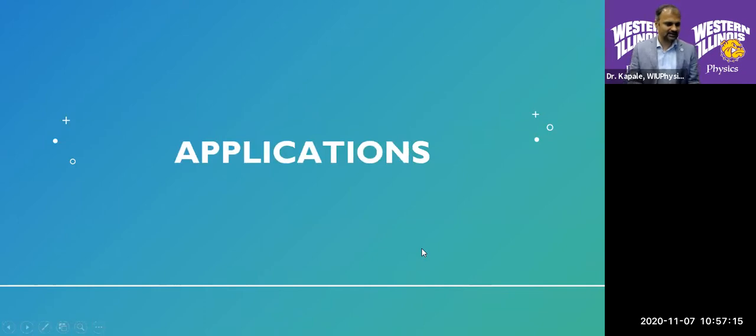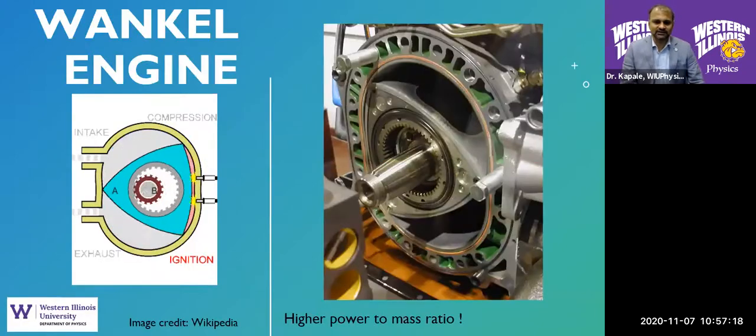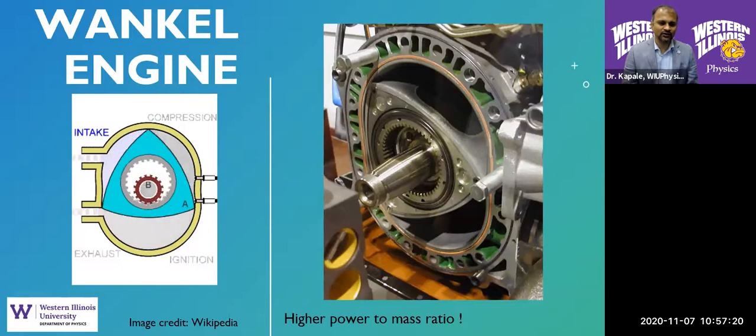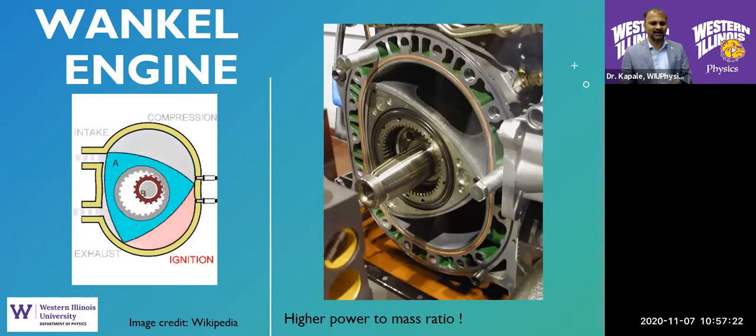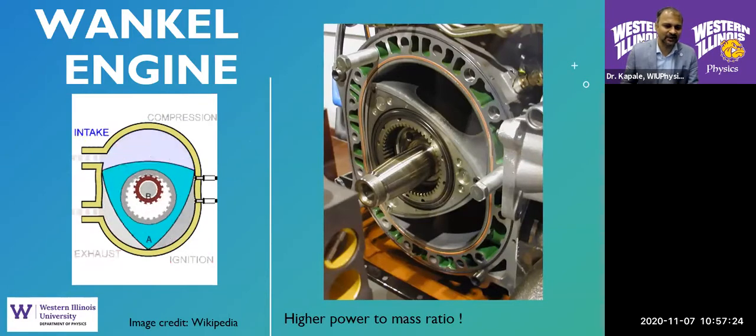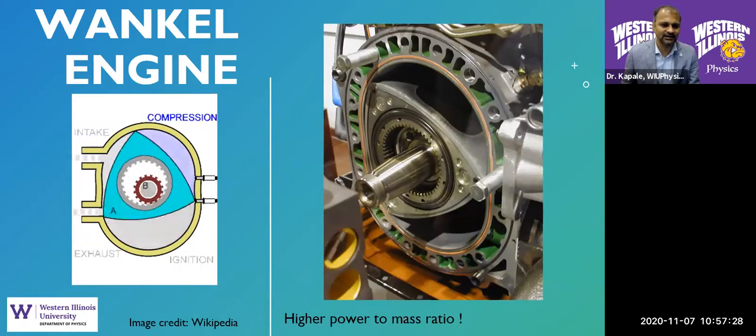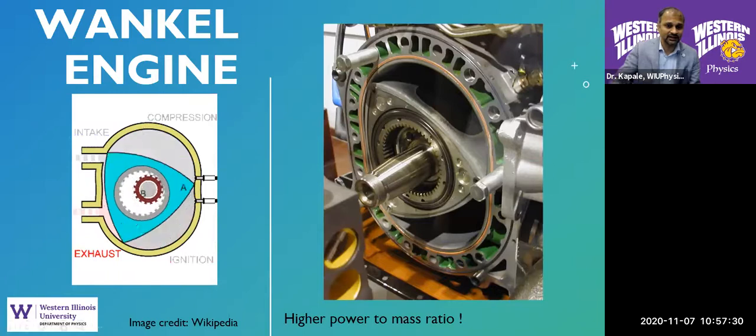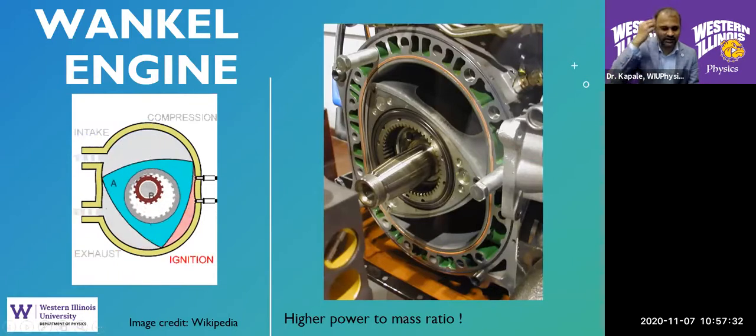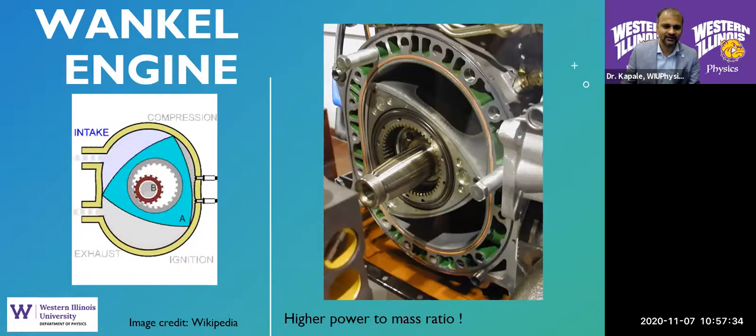Okay, and let's take a look at some applications, right? So I'll just briefly explain to you. When I showed you the wheel radius being larger than the track radius, this is one example of that. And it's actually used in a real engine called the Wankel engine. You could see the operation of the engine in the picture on the left.